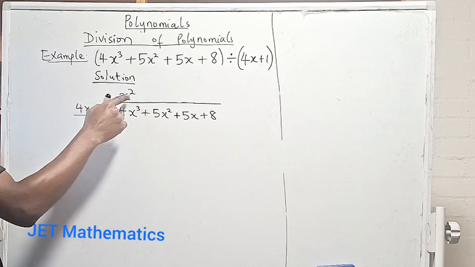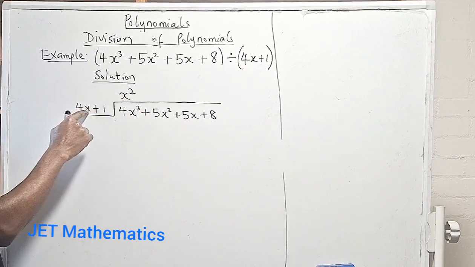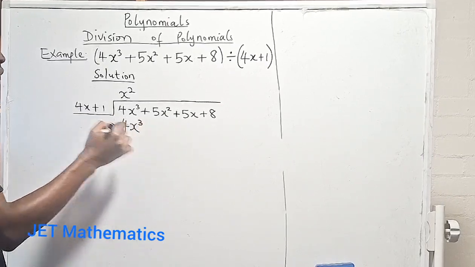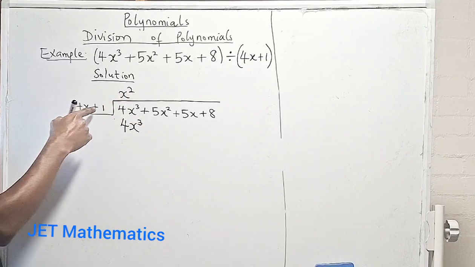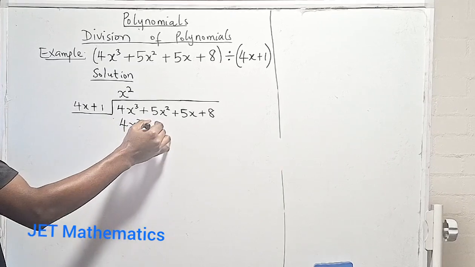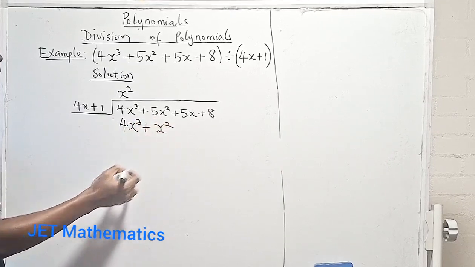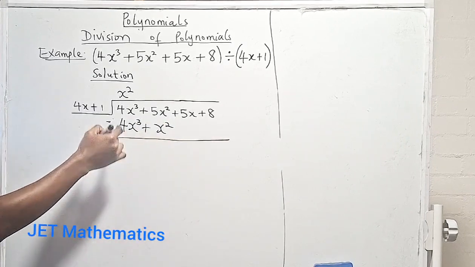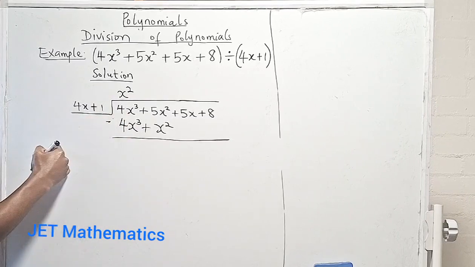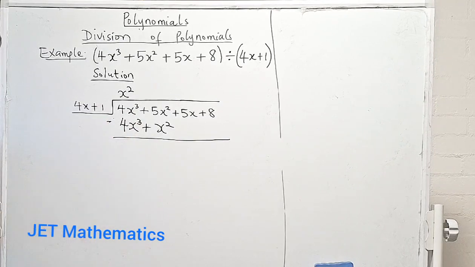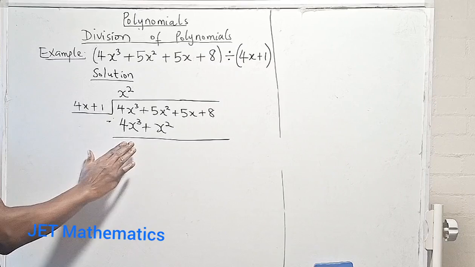So x squared times 4x gives me 4x cubed, and x squared times 1 gives me plus x squared. And then we subtract, so that this minus this goes off. 4x cubed minus 4x cubed becomes 0. So we don't write that down.